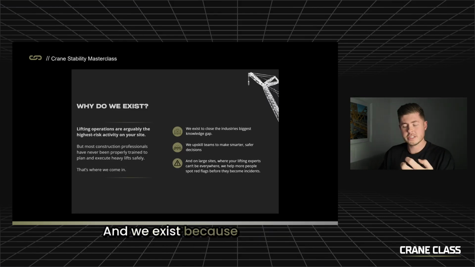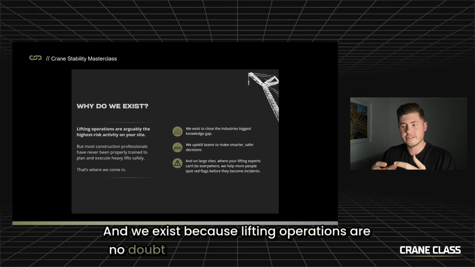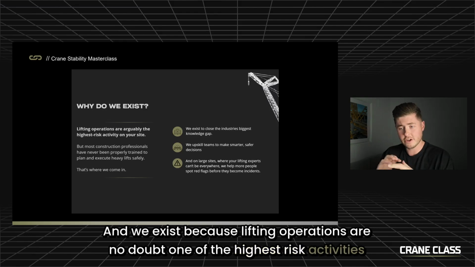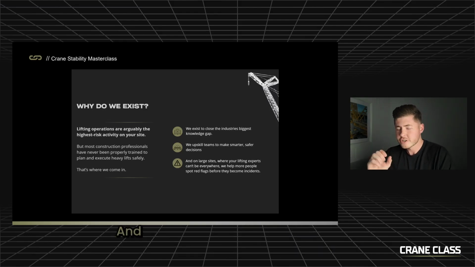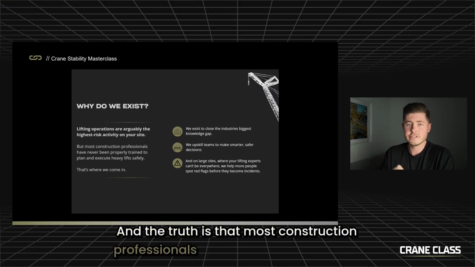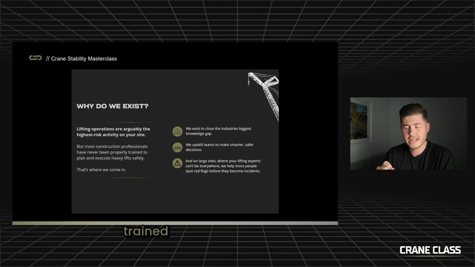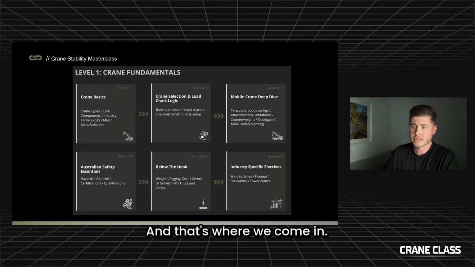We exist because lifting operations are no doubt one of the highest risk activities on a construction site, and most construction professionals have never been properly trained how to plan and execute lifts safely. That's where we come in.